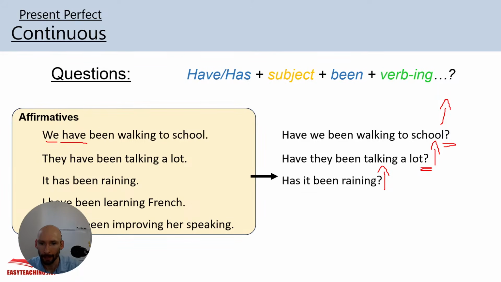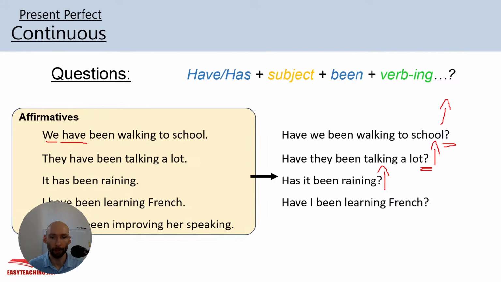Okay, so Yisin has done the next question for us. I have been learning French turns into, have I been learning French? Again, that's a little bit of a strange question. Hopefully somebody might know if they have been learning French. The last one.